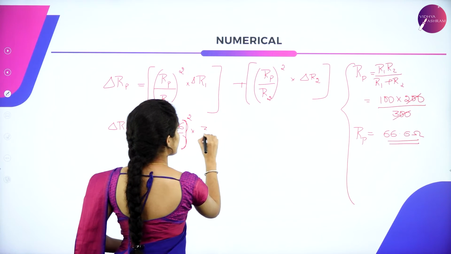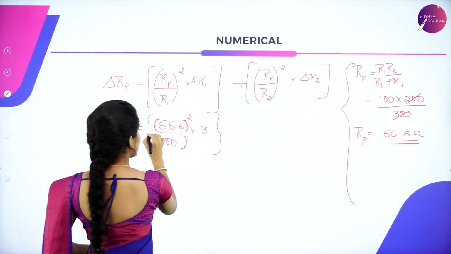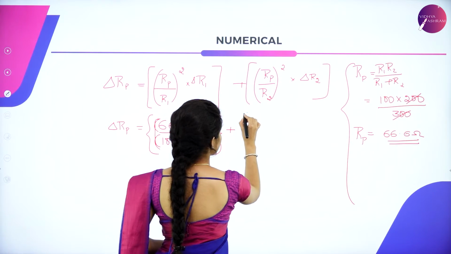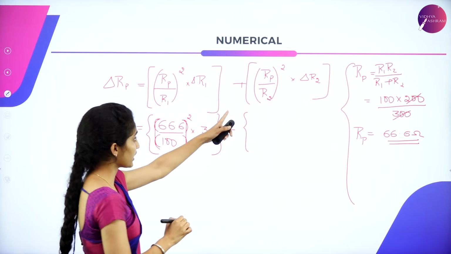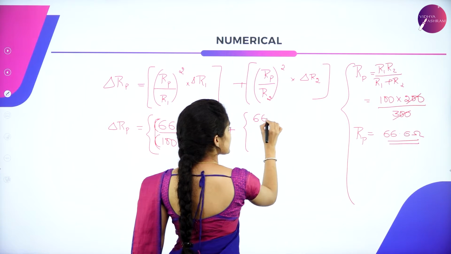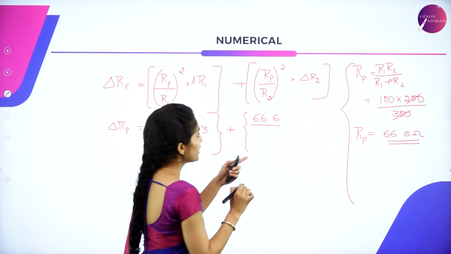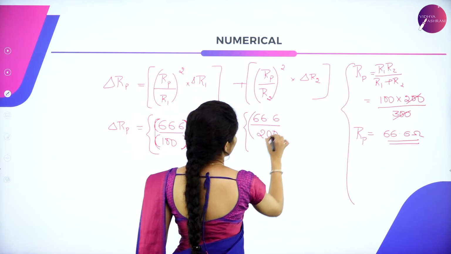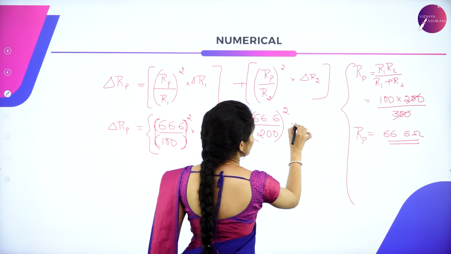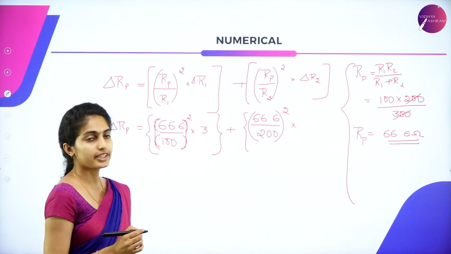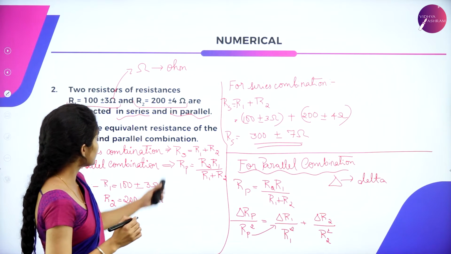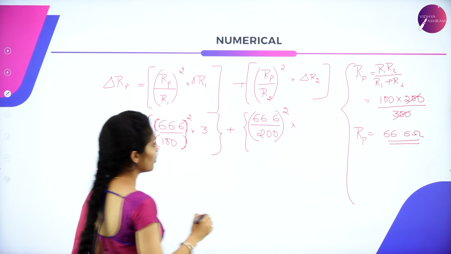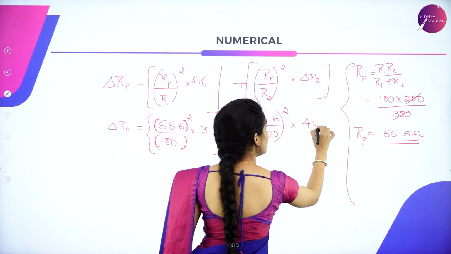Plus, you have again Rp as 66.6 ohms divided by R2, which is 200. You will have to square the complete term into delta R2, the error in the second resistance, that is 4 ohm.